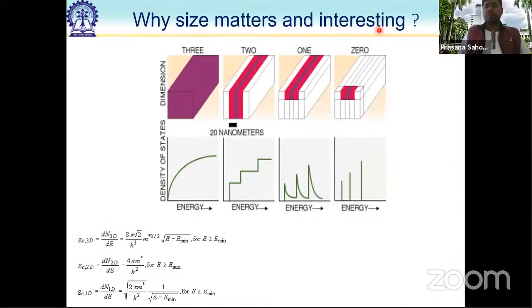In terms of understanding the physics of materials, how we classify certain materials in a particular category, like 0-dimensional, 1-dimensional or 2-dimensional materials, it is effectively the density of states.